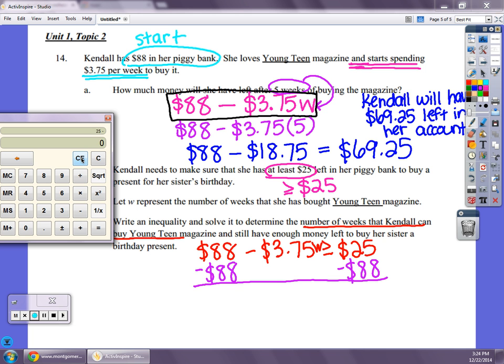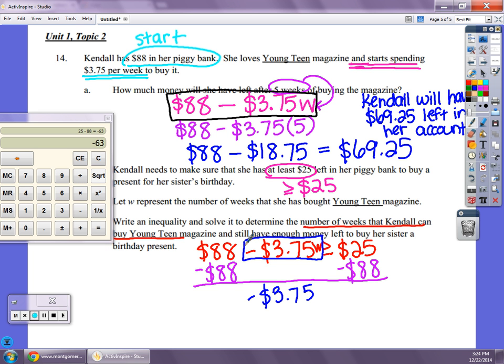I have 25 minus 88, which is going to give us negative $63, which is a little weird, but that negative is going to work out. Now, here's the big mistake that people make. That is a negative 3.75 per week. So we have to make sure we bring that minus down with us. And on the right side, we have negative $63.